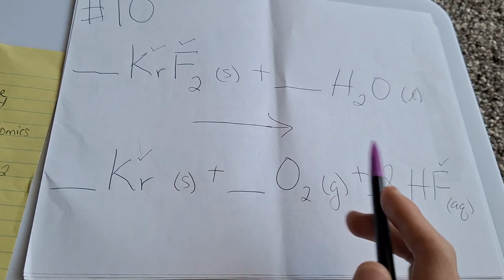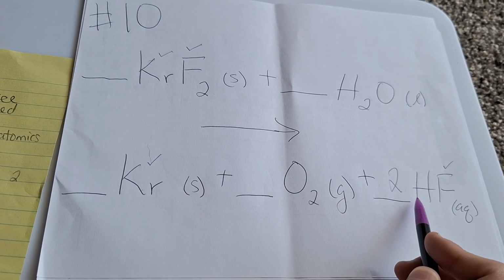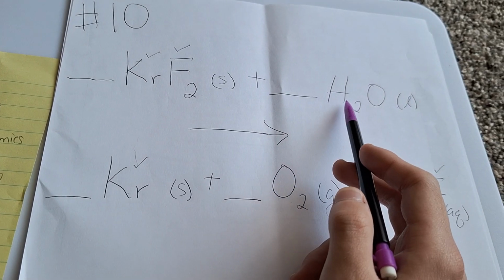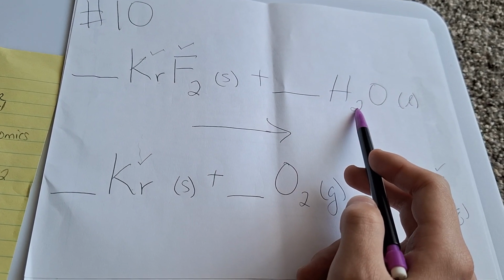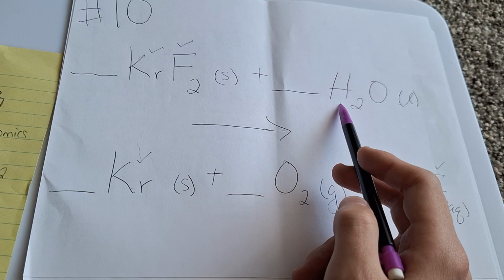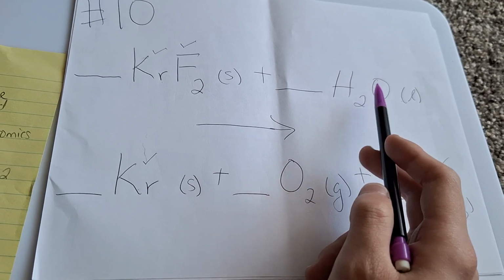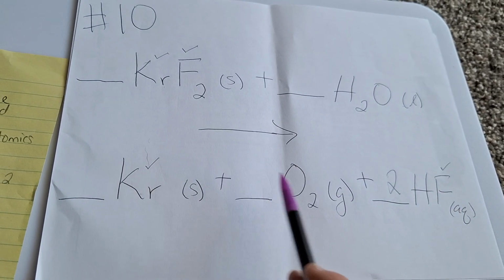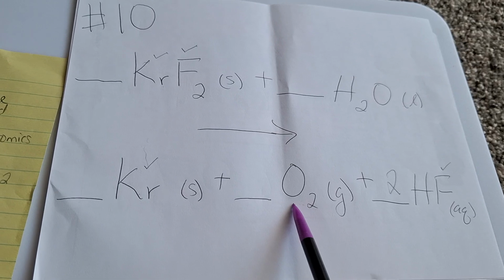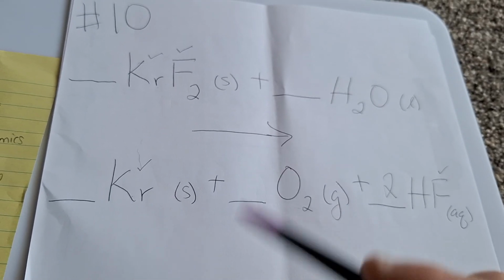Okay? So now we have 2 hydrogen here on the product side. Oh, well that's just wonderful. We have 2 hydrogen on that side, right? But we only have 1 oxygen there, and we have 2 here. So that doesn't work for us.